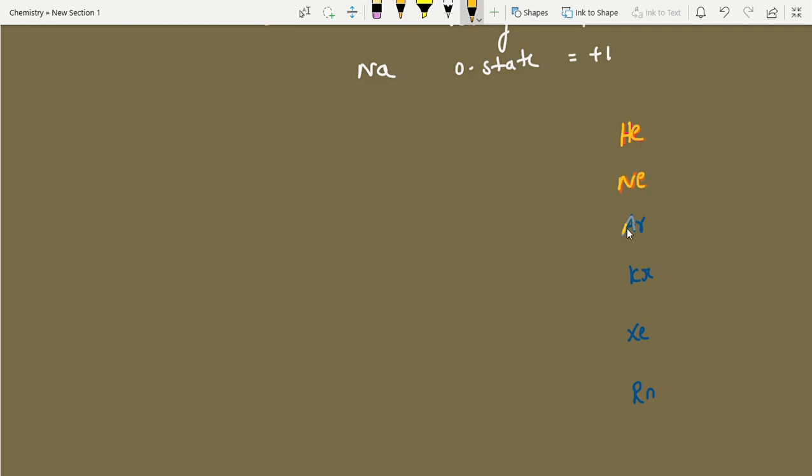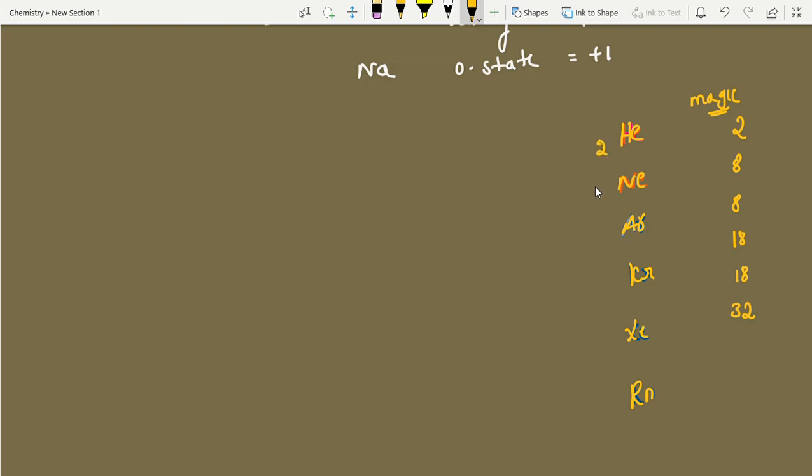Helium, neon, argon, krypton, xenon, and the next one is radon. So use the magic numbers 2, 8, 8, 18, 18, 32. These are magic numbers. With these magic numbers, you can find the atomic number of the noble gas in any group. This is 2.